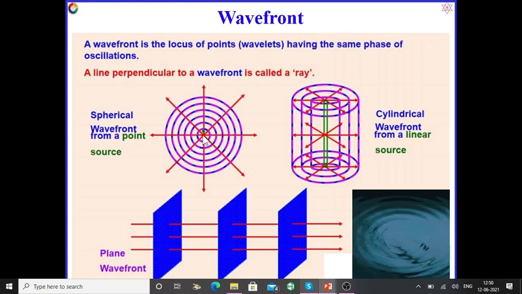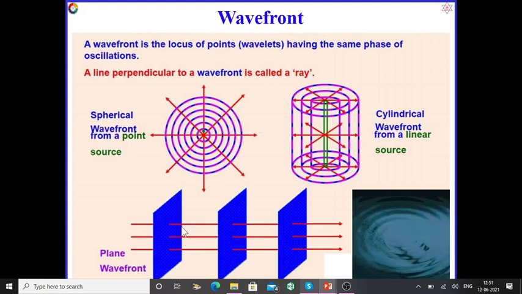If light is propagated, then in all directions it will be circular. On this linear source, just mark the green line, the LED bulbs are there, so the propagation of the waves is in the form of a cylindrical wavefront.